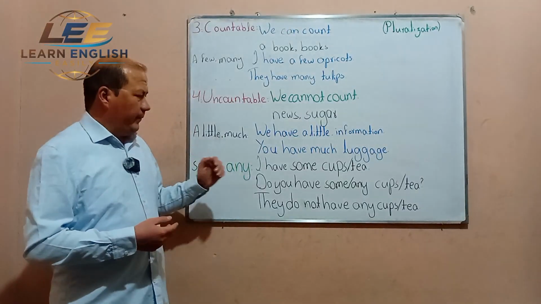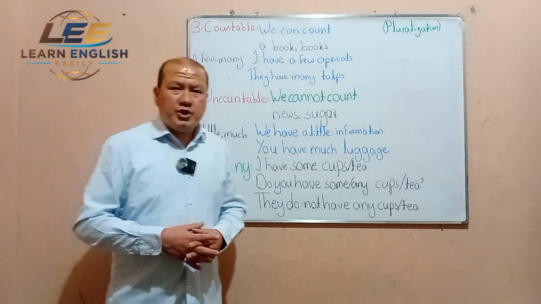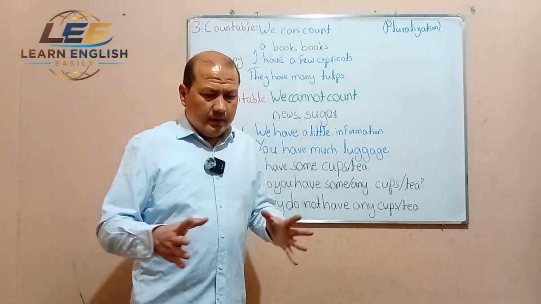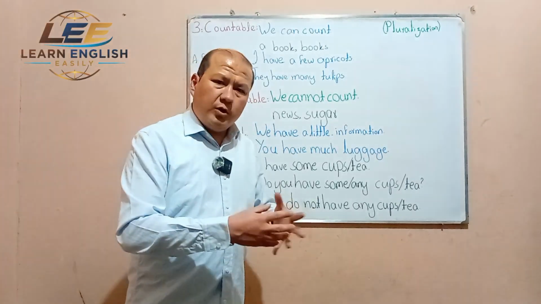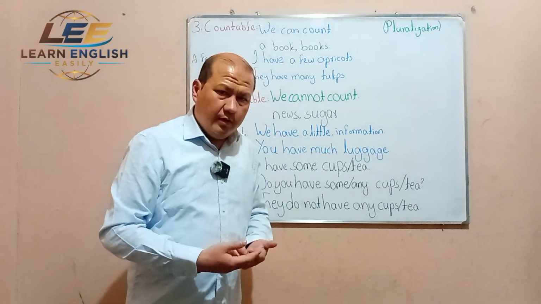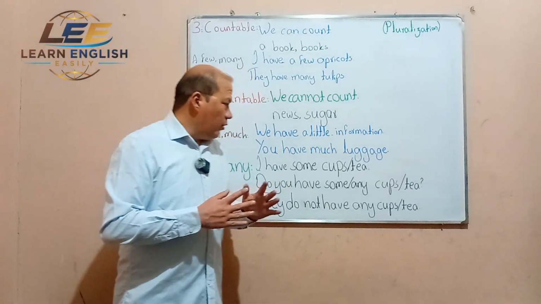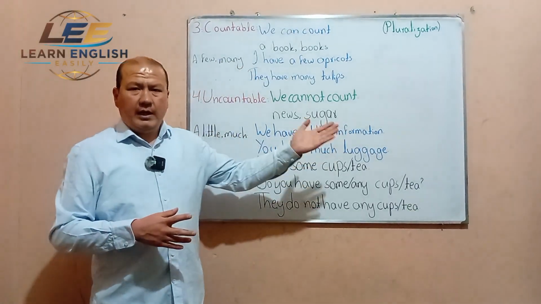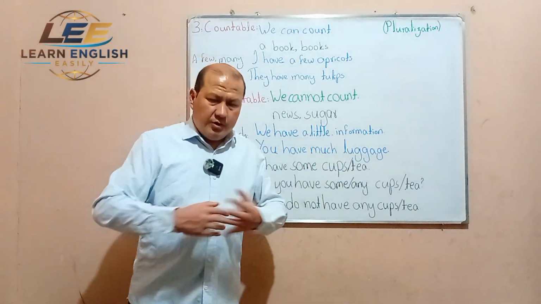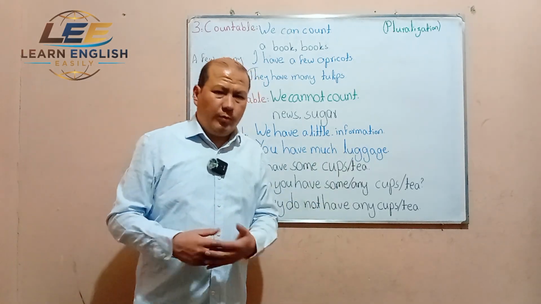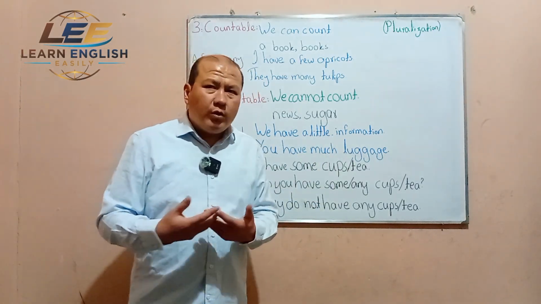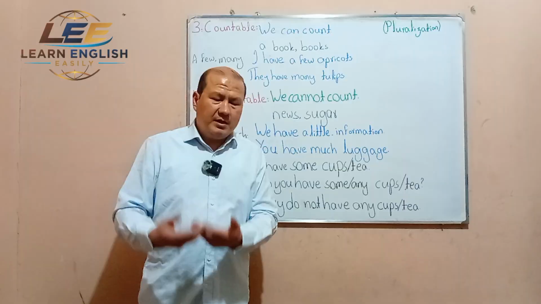Example 4, much. You have much luggage. Luggage, the things that you take when you are traveling somewhere. And grammatically that is uncountable. So you have much luggage. So your luggage is a lot, more than normally more than how much a person normally needs.